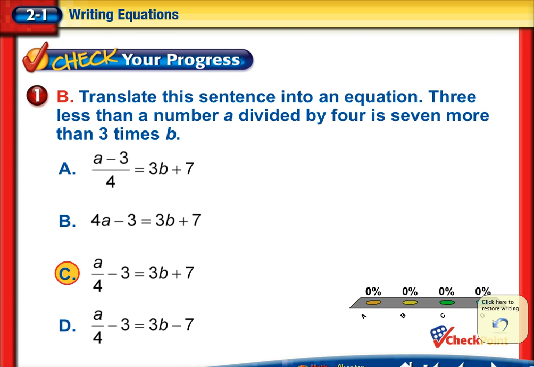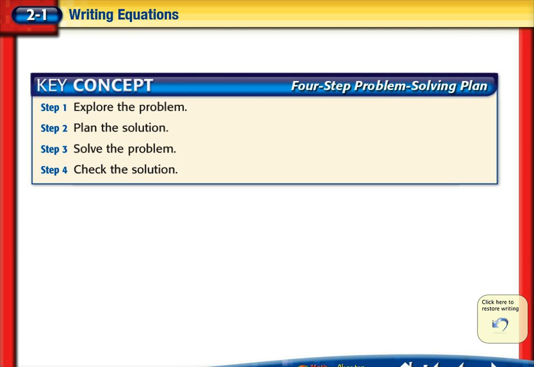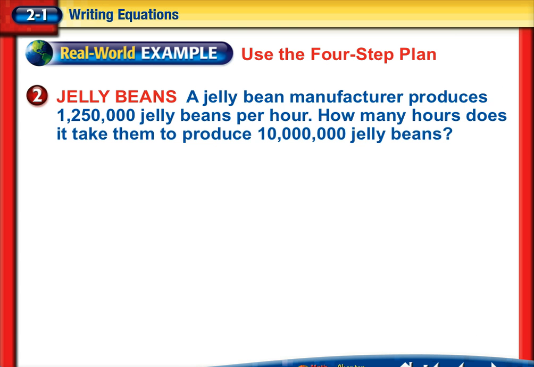Take this next one here. We're going to talk about the 4-step solving plan. So let's attack this problem. Let's use our first step. When I give you a word problem, what do you do? Read it. A jelly bean manufacturer produces 1,250,000 jelly beans per hour. That's a lot, right?